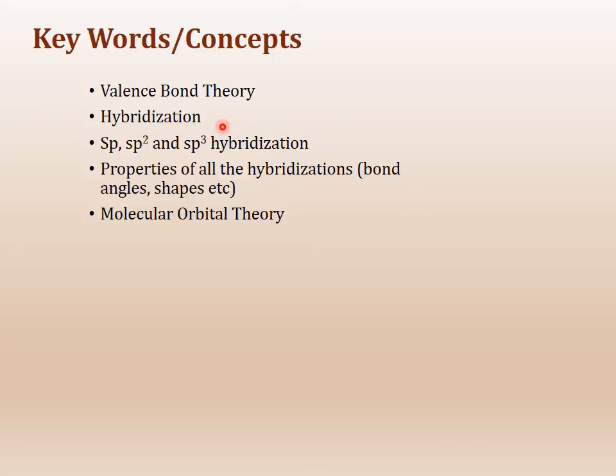Yes, hybridization, all of it: sp, sp2, sp3, all the properties. That's the table that I gave you, and a little bit about molecular orbital theory. I probably won't ask you any questions in an exam for MO theory, but just be aware that there is one other theory. So these are the concepts that I need for you to get away from this little PowerPoint.